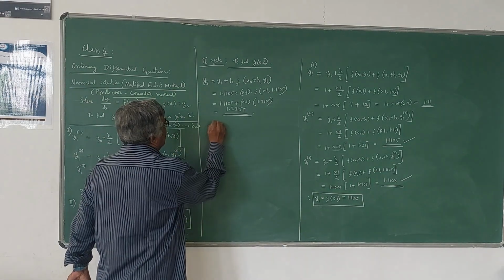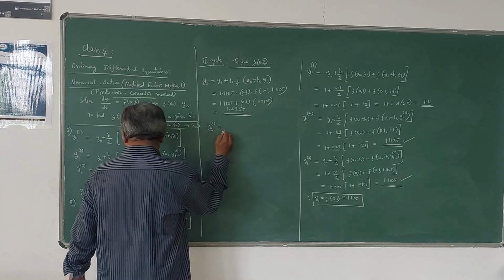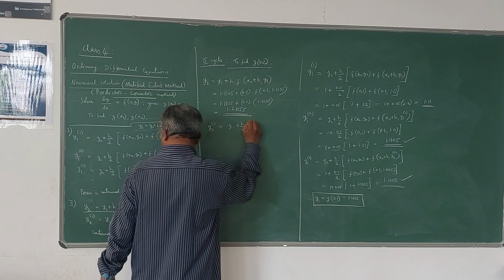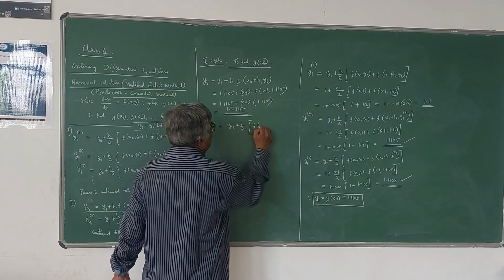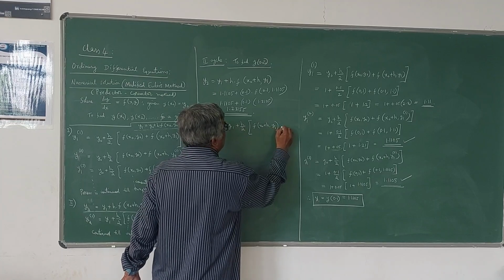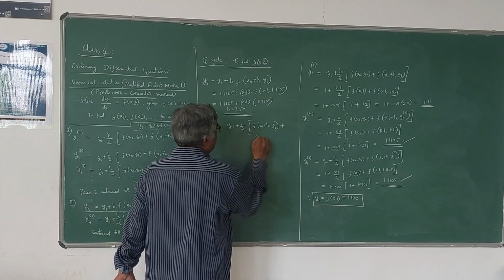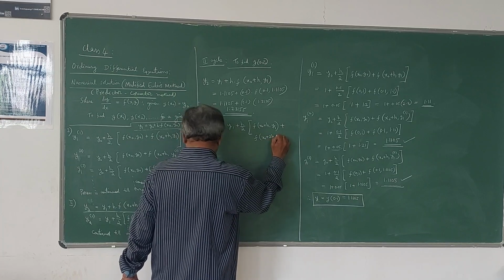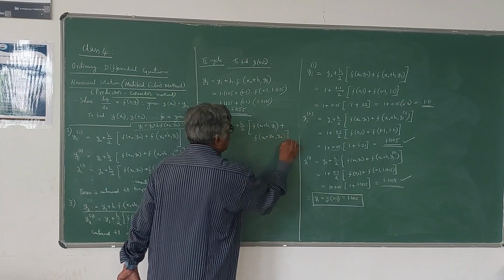So y2 of 1 will be equal to y1 plus h by 2 into f of x naught plus h comma y1, plus f of x naught plus 2h comma y2. Yes.